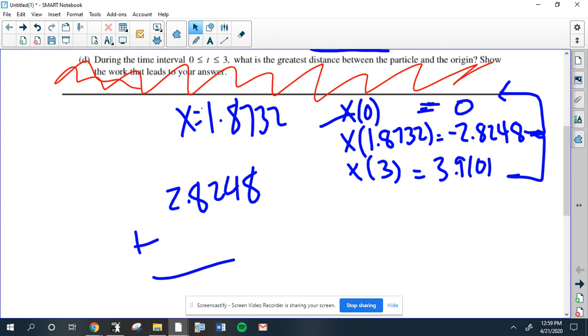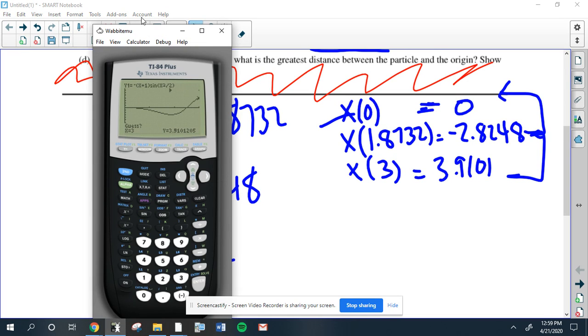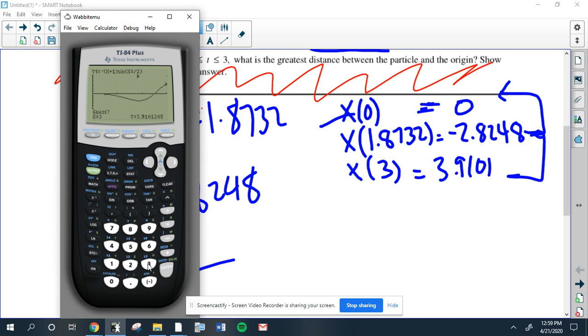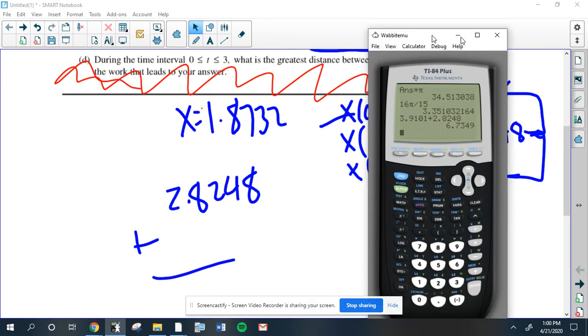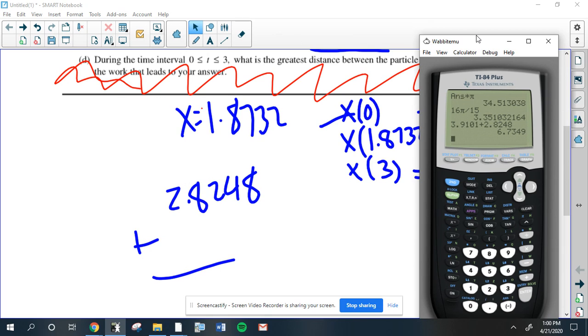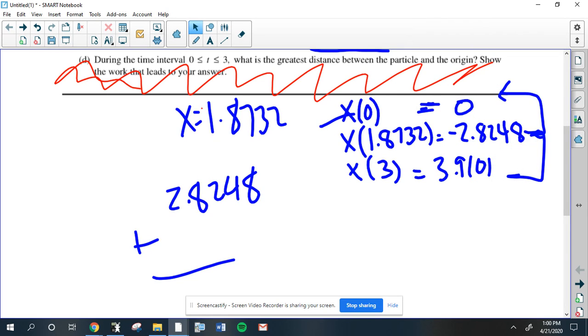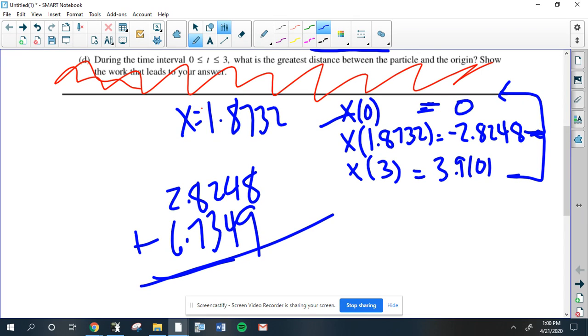Remember, you're going from -2.8248 to +3.9101, so your total distance is going to be 3.9101 plus 2.8248, which is 6.7349. That's from here to here.